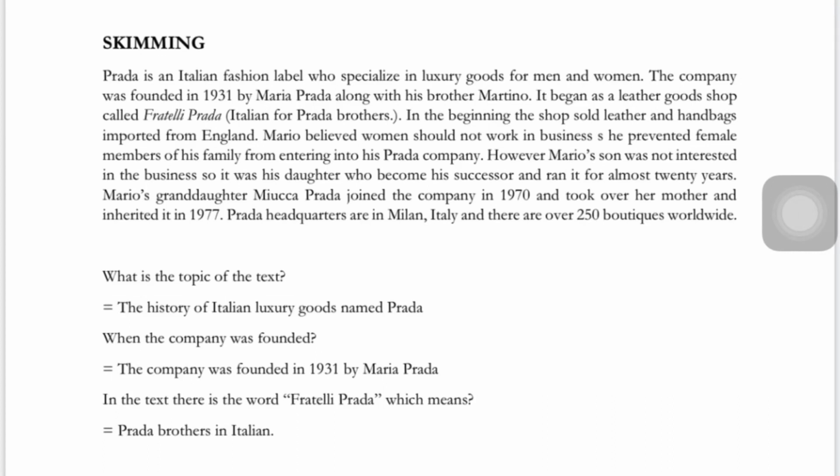Like I said for the previous text, to find the topic we just look at the first sentence, which is about Prada, an Italian fashion label that specializes in luxury goods for men and women. So the answer is the history of Italian luxury goods named Prada.